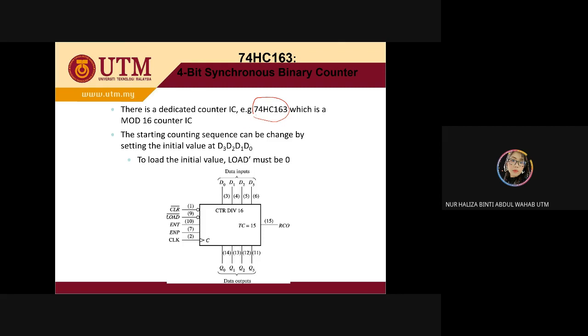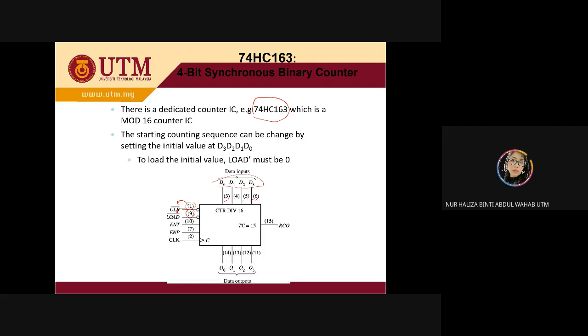It's better for you to remember, although if you want to refer back to the notes later on, it's okay. But for me, it's better for you to remember where pin number 1 is going to connect, where pin number 9 is going to connect, and so on. In terms of the input, pins 3, 4, 5, 6. So it's good for you to remember.